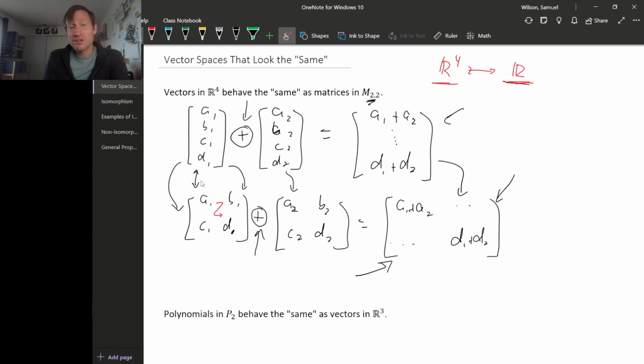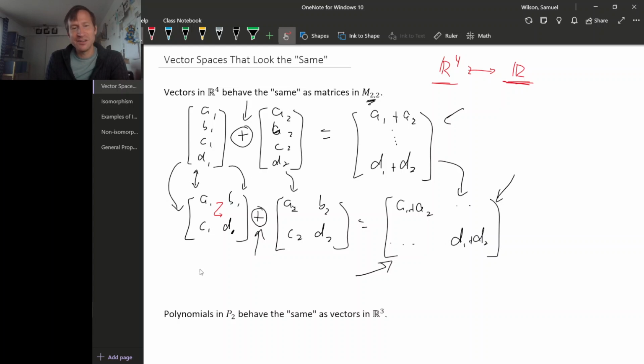So this correspondence not only turns vectors into matrices, but also turns addition in R4 into addition in M22. And that's really what makes this special.